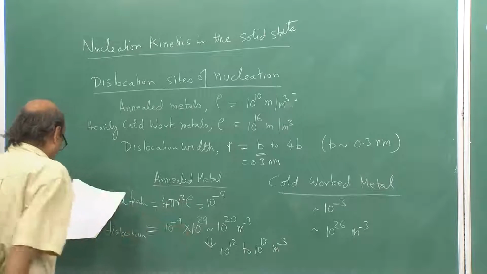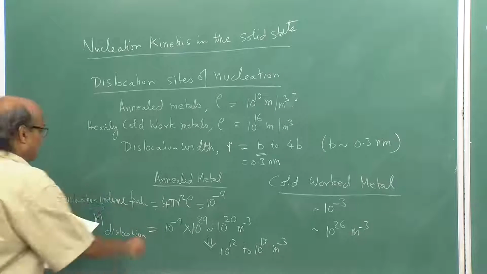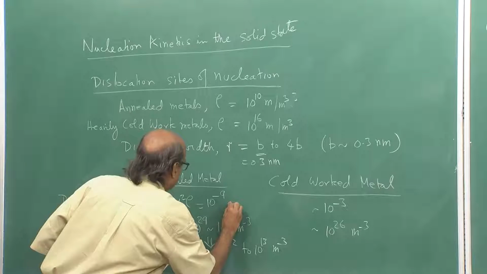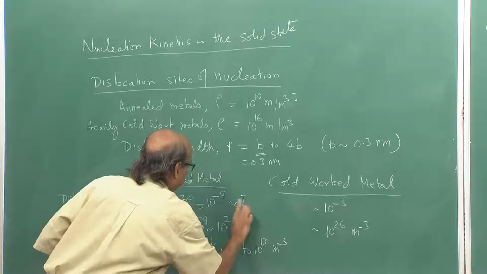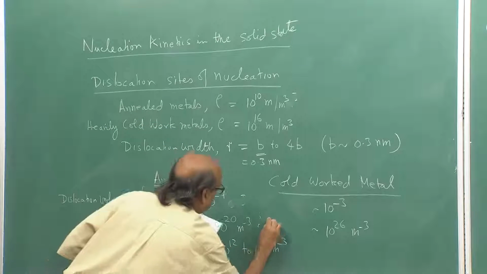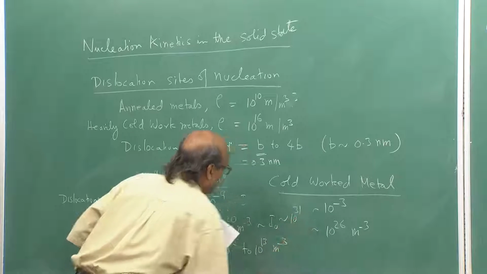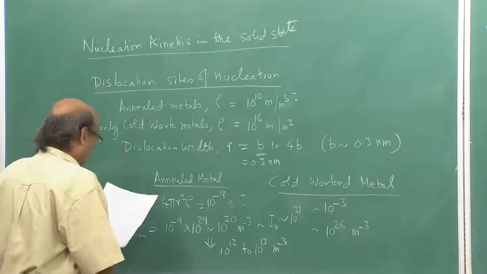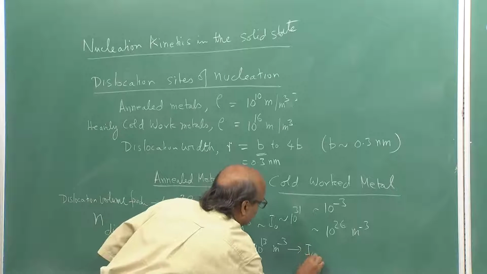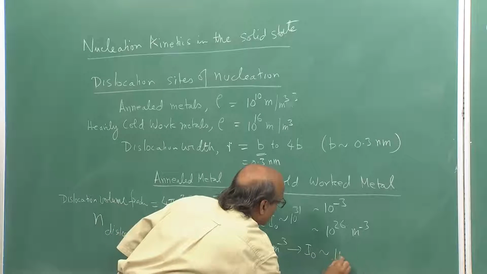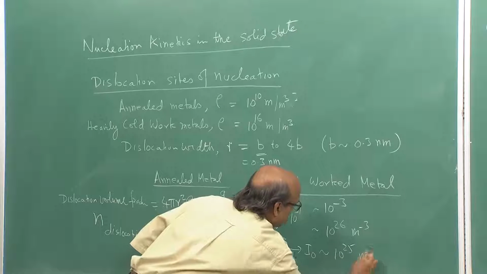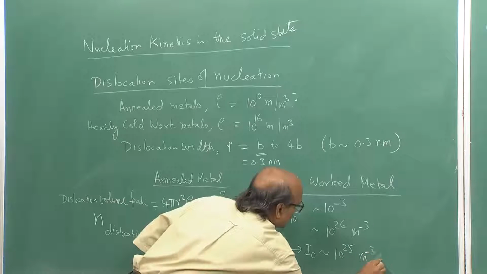Here in the case of dislocations, this will come down to the order of 10 to the power 31, and could go down as low as I0 of the order of 10 to the power 25 per meter cube per second.